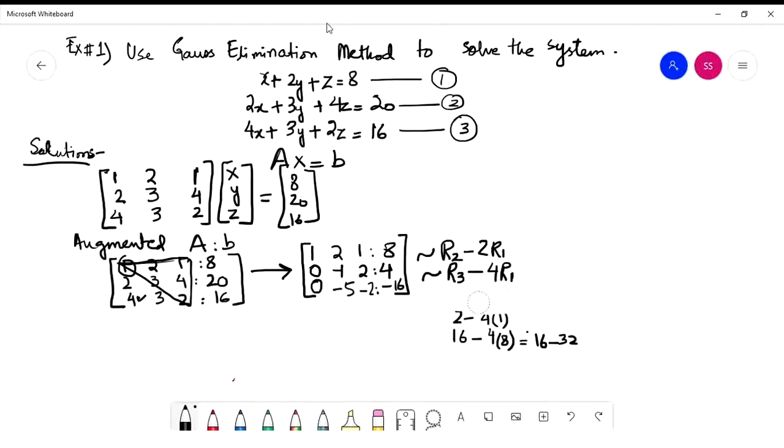Okay, so this is the change. Now for upper triangular, you have to make this entry equal to 0.